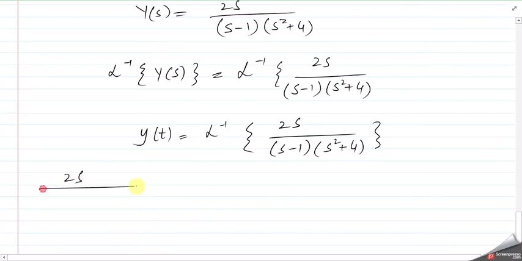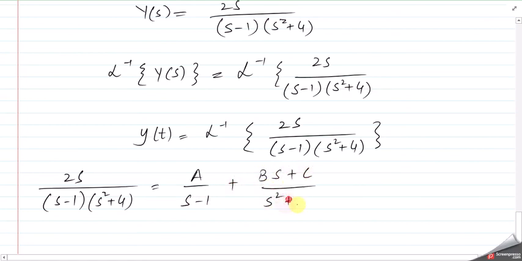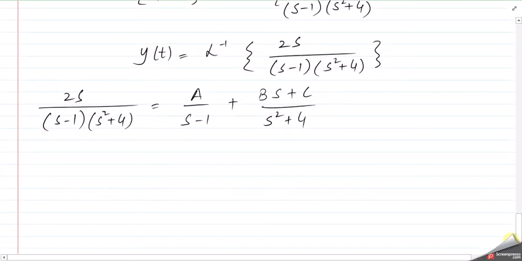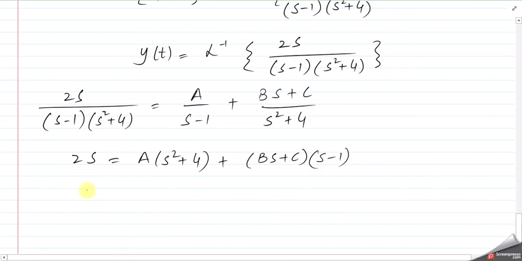We start with our partial fraction: 2s over s minus 1 times s square plus 4 is A over s minus 1 plus Bs plus C over s square plus 4. Then we multiply this across. Here s minus 1 cancels and s square plus 4 is left. Here s square plus 4 is cancelled and s minus 1 is left.